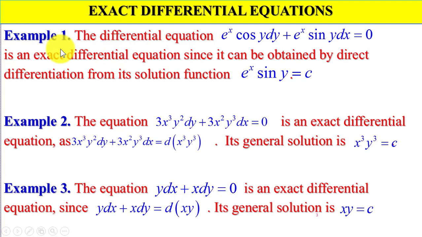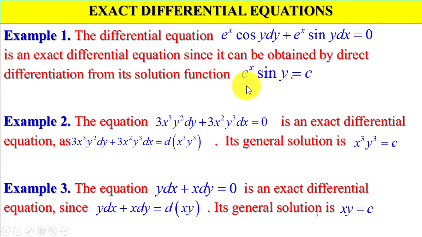Now, example 1. The differential equation e to the power x cos y dy plus e to the power x sin y dx equal to 0 is an exact differential equation, since it can be obtained by direct differentiation from its solution function e to the power x sin y equals c.